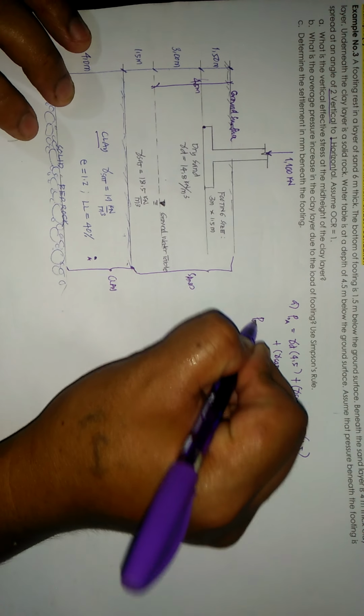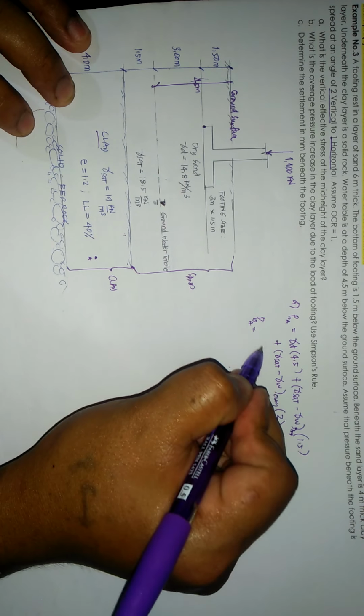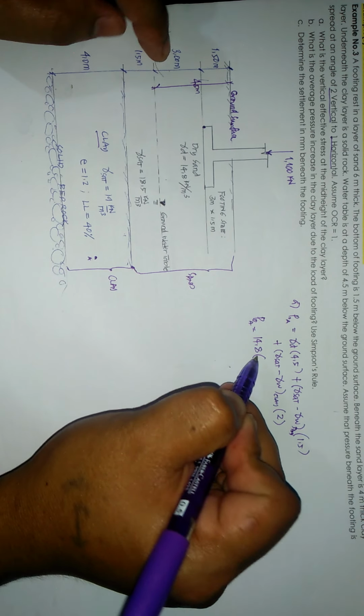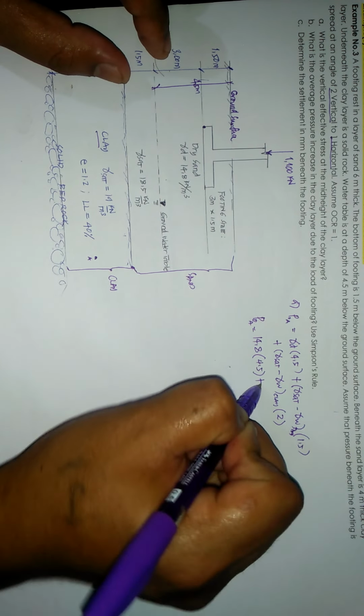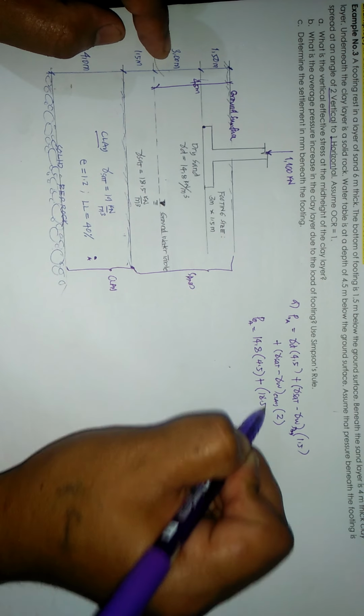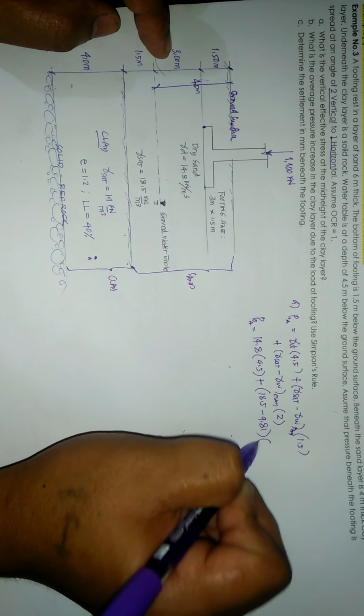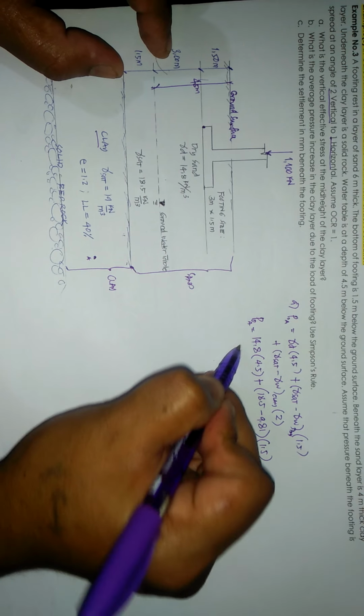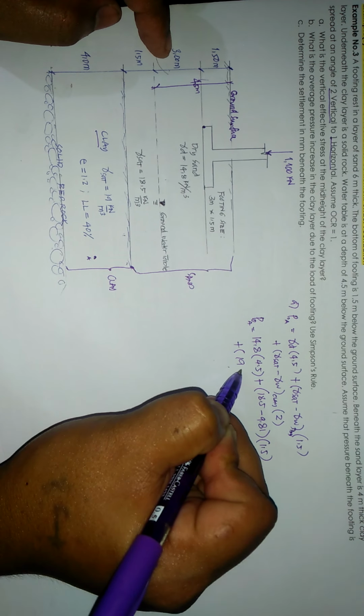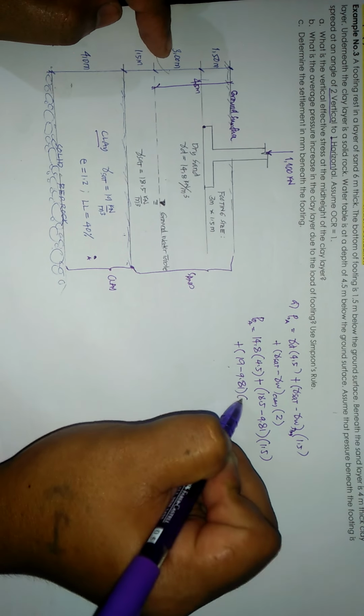So, direct na lang, PO at A. So, dry sand, 14.8 times 4.5 plus 18.5 minus 9.81 times 1.5 plus 19 minus 9.81 times 2.